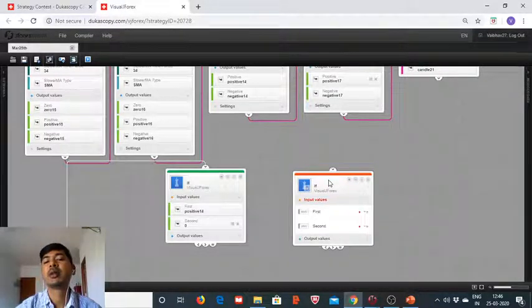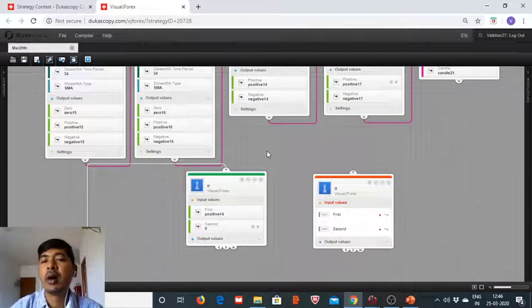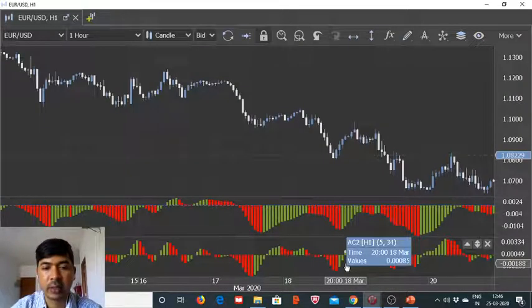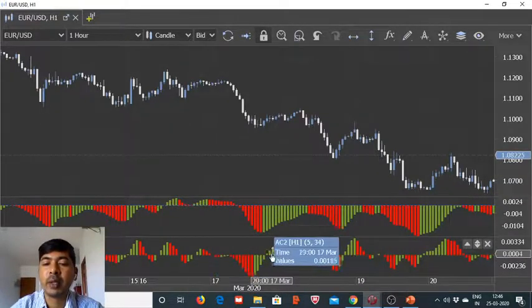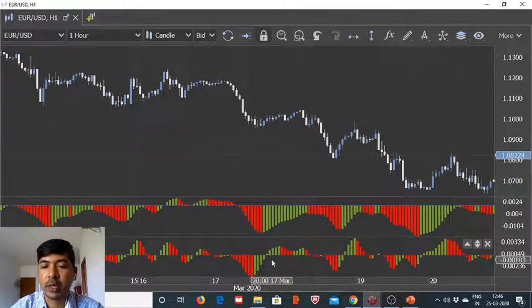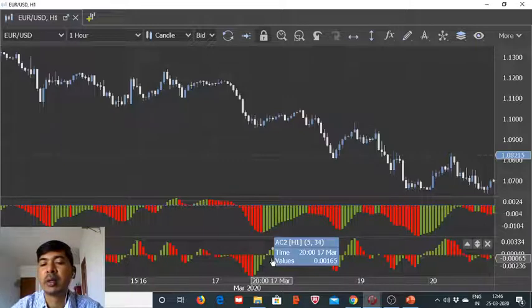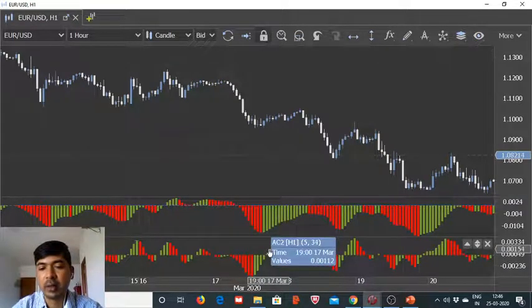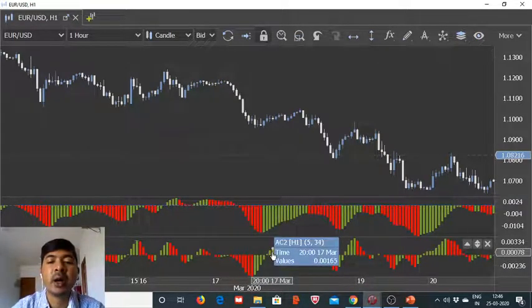Because in acceleration deceleration, the output will be either positive or negative. When the output is positive, there is no negative output. At such time, there is no negative value which will be less than 0. Similarly, when the indicator is in positive territory, it will be showing the positive value.